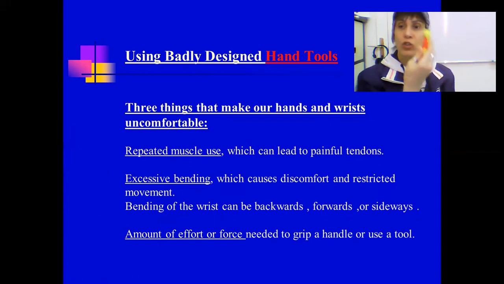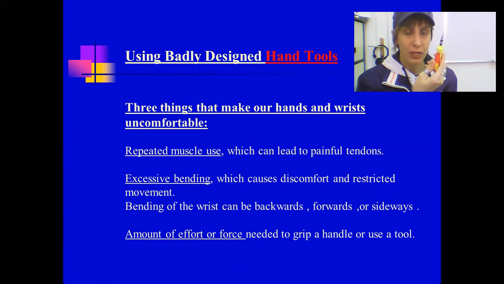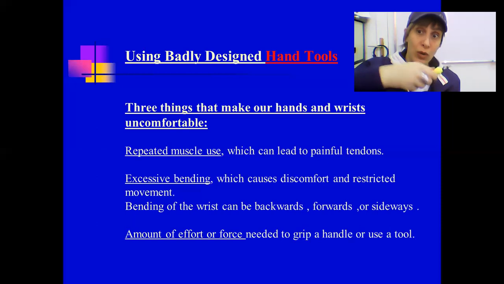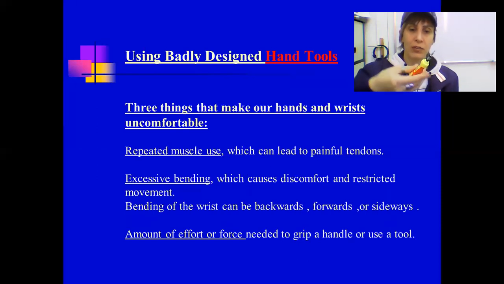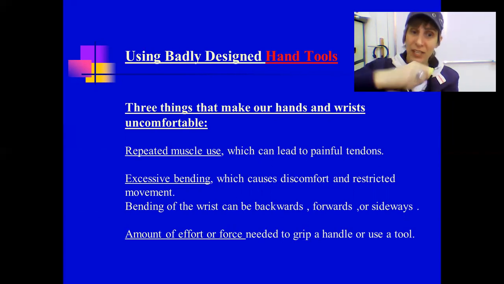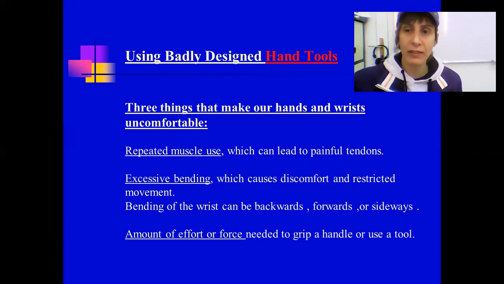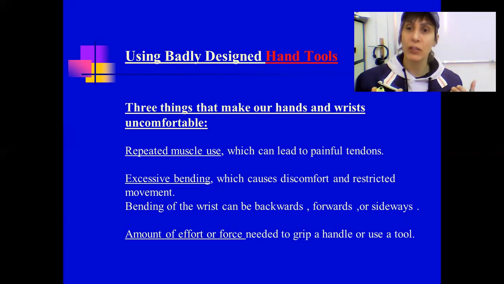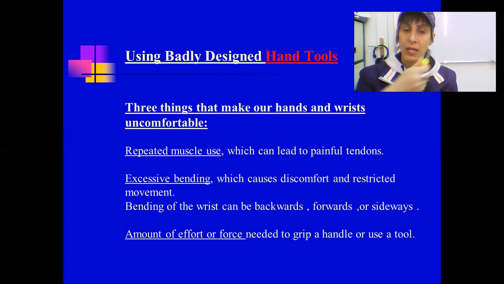So how long do I use this tool normally? Every day, okay? And while I'm using it, what movements do I make? For example, this one, I'm using a rotating movement, okay? Now this rotation is a type of excessive bending. So I'm bending my hand in a way that after a certain time, it will become uncomfortable and painful.